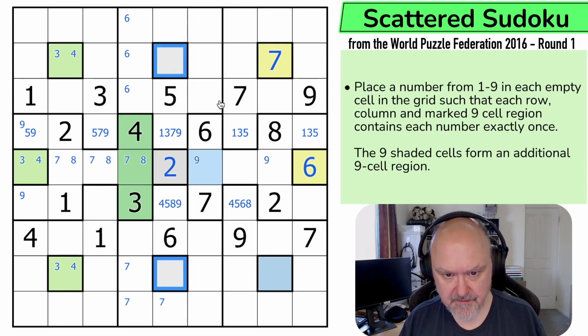So these, they can be 1. They can't be 2. They can't be 3, 4, which are disposed over here. They could be 5. They can't be 6, 7, which are disposed over here. They could be 8, 9.